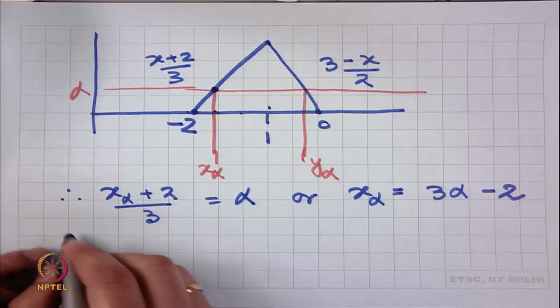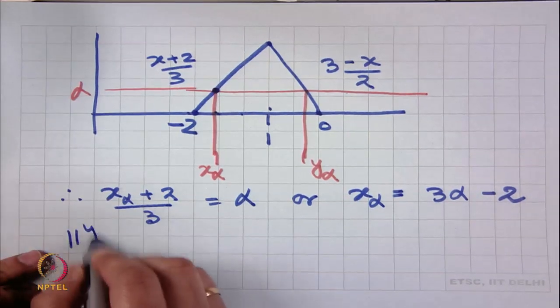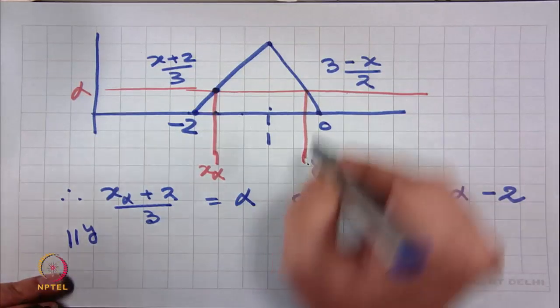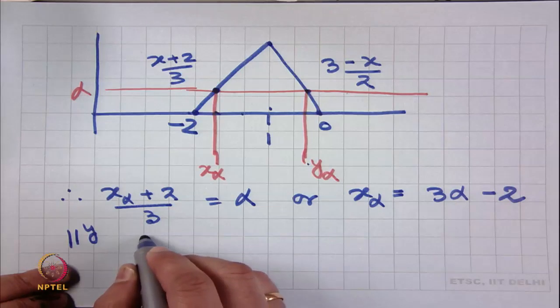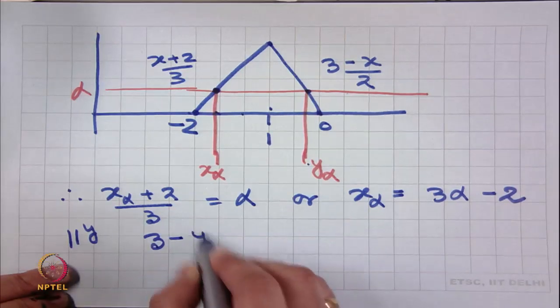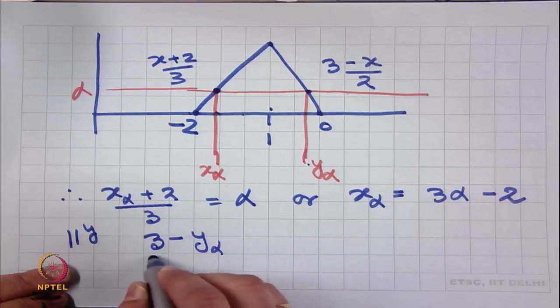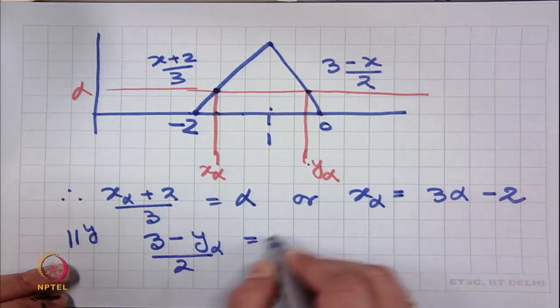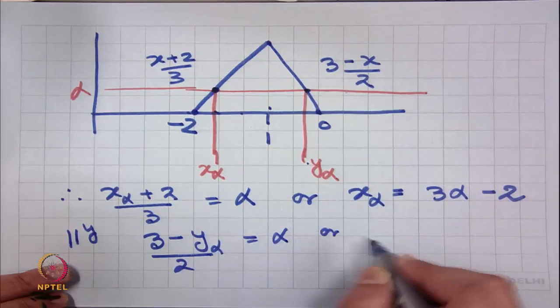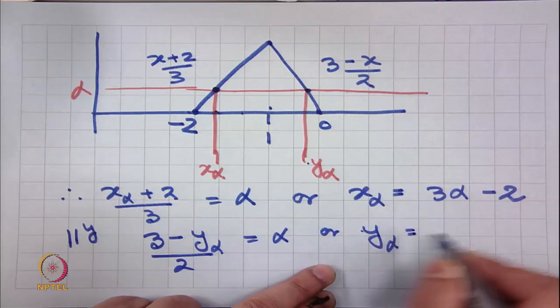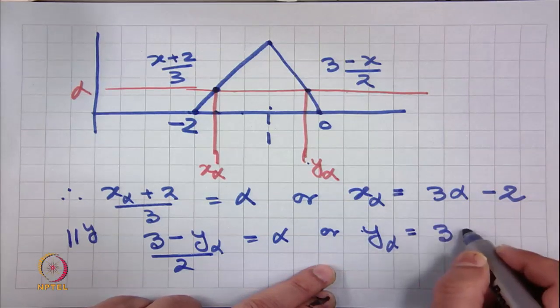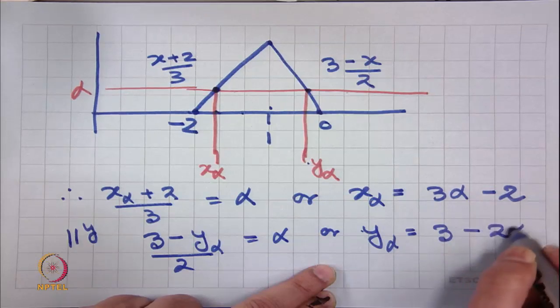Similarly, at y alpha, the membership value is alpha. Therefore, (3 minus y alpha) upon 2 is equal to alpha, or y alpha is equal to 3 minus 2 alpha.